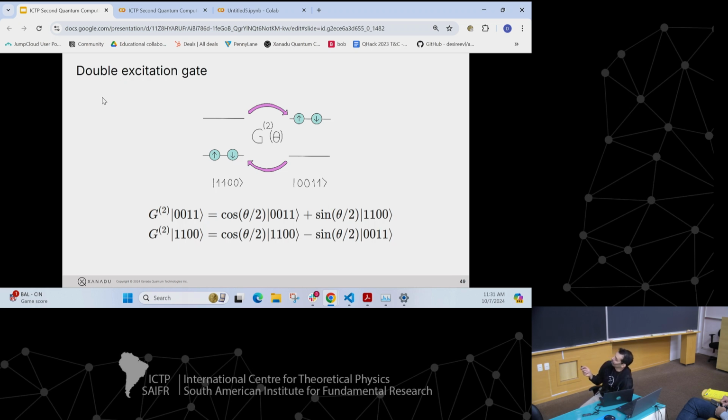What we're doing with the double excitation gate is taking our Hartree-Fock state and building a superposition of the Hartree-Fock state plus the state that has the second orbital occupied. The angle here gives different coefficients to these two values. So it's telling you in the ground state, which state is more important, the Hartree-Fock state or the 0011 state? Exactly, yeah.